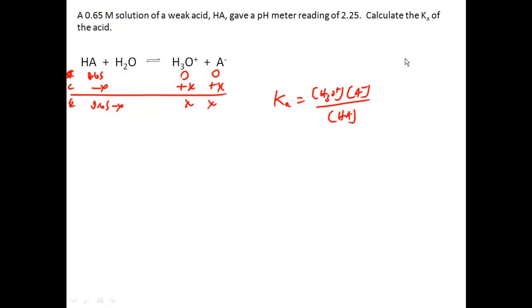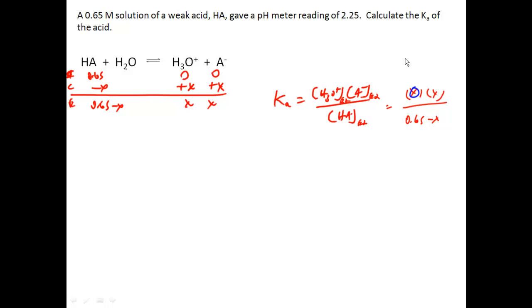Once again, all these at equilibrium. In this case, you're looking at X, X, and 0.65 minus X. So if I know X, if I can figure out X, I can figure out my Ka.